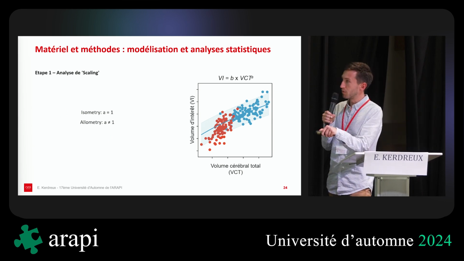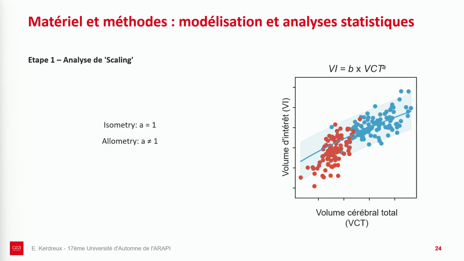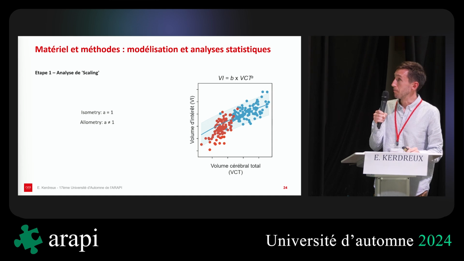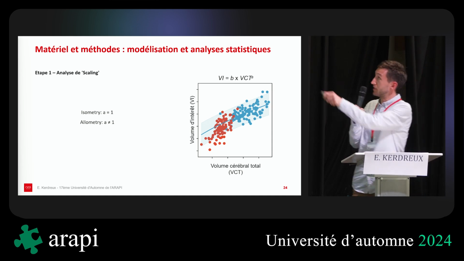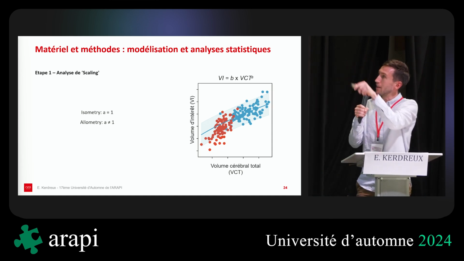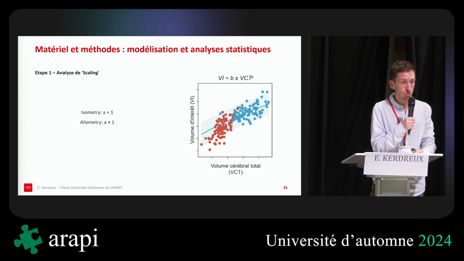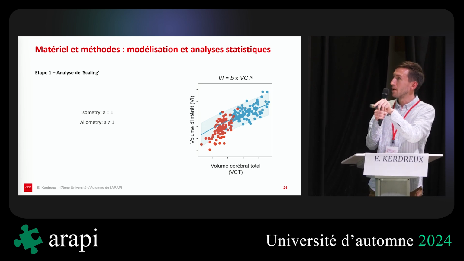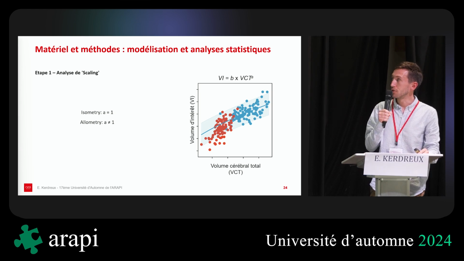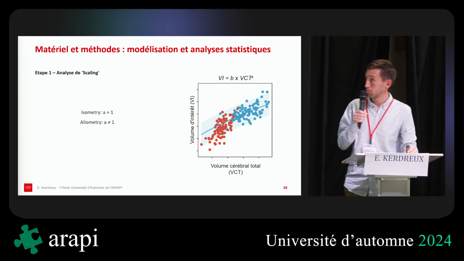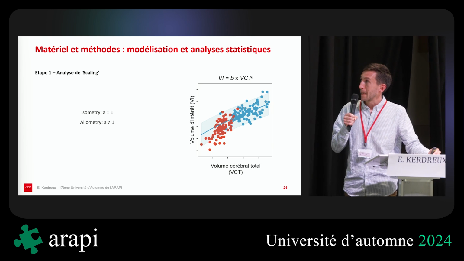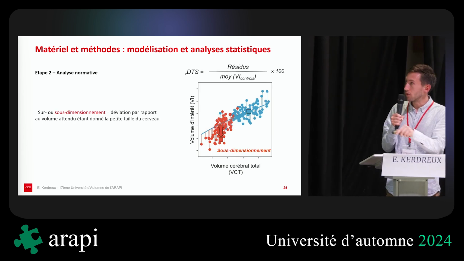And here we see the total brain volume; we have adjusted a power law to take into account this nonlinear relationship between the two volumes, by testing if, in this equation, small a is equal to 1 or different, we talk about isometry or allometry.